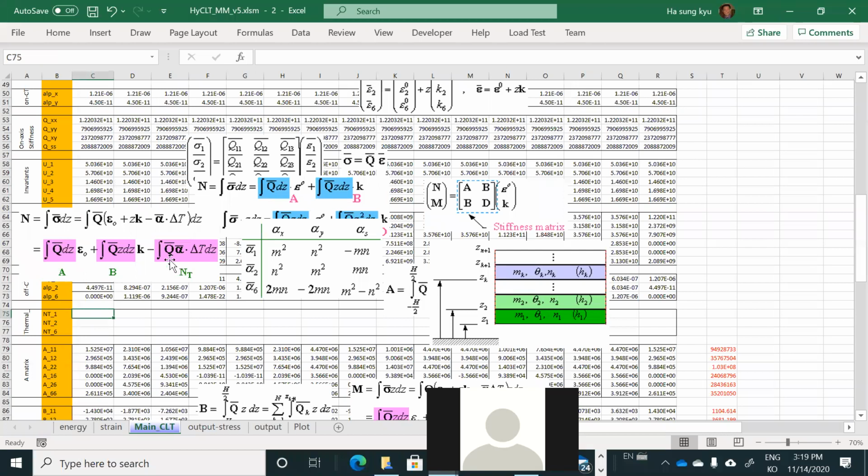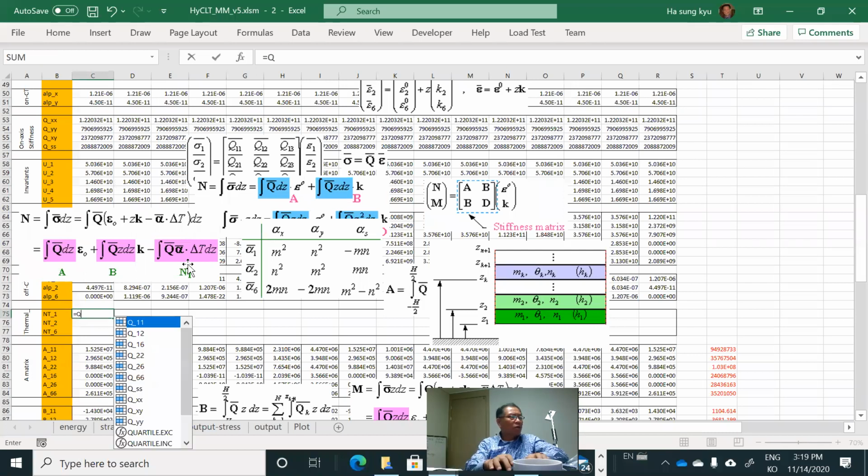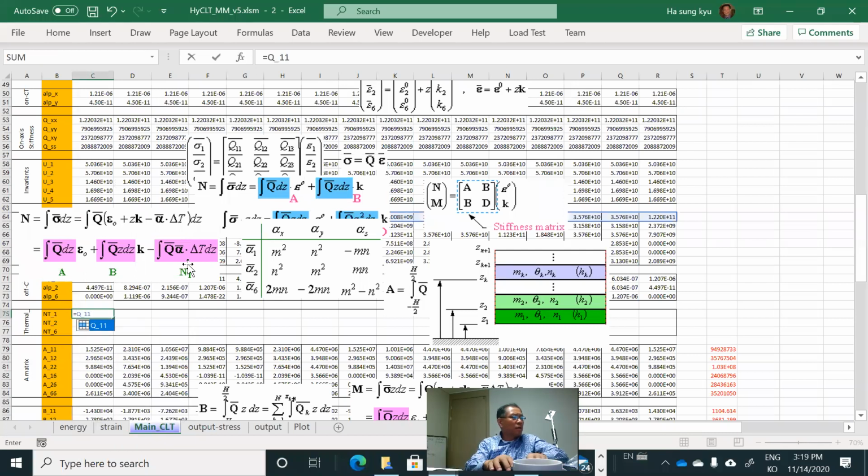So what do we need to do? We need Q bar, right? So Q11 times, and the first term will be what? Alpha 1 times, oh, we didn't define delta T. We're gonna do that.